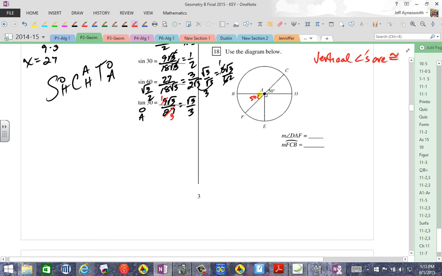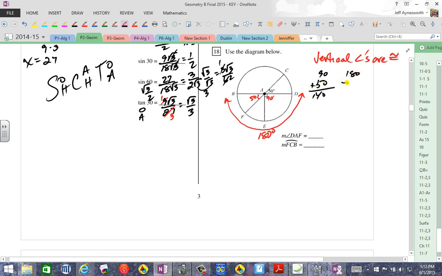So that's angle BAF. I'm trying to find angle DAF though. So DAF. Ooh, that means I got to find this angle here. Well, let me see. I got a 90-degree angle here. I know that half a circle is obviously 180 degrees. So all three of these angles add up to 180. 90 and 50 obviously sums to 140.